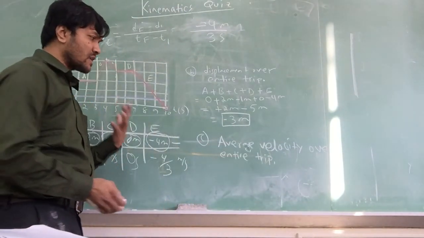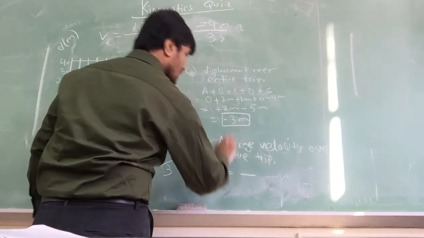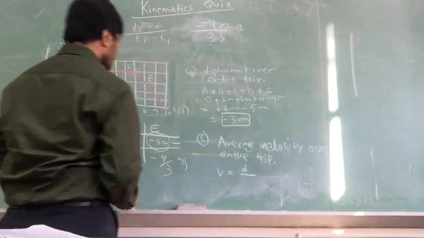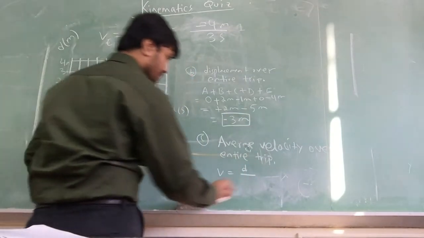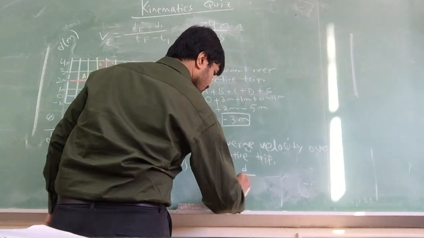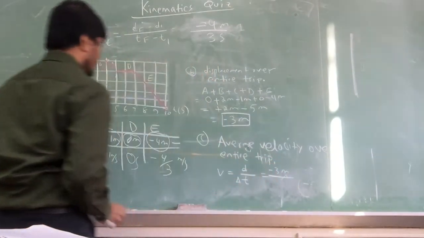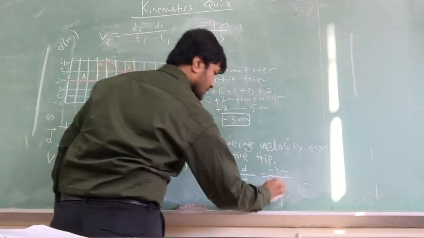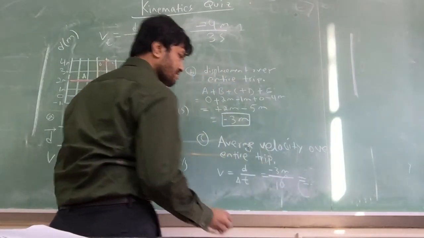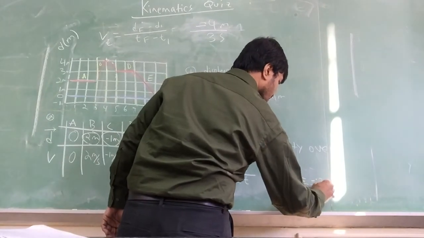So average velocity is total displacement over the time. Total displacement is -3 meters, and the time is 10 seconds. So it is -0.3 meters per second.